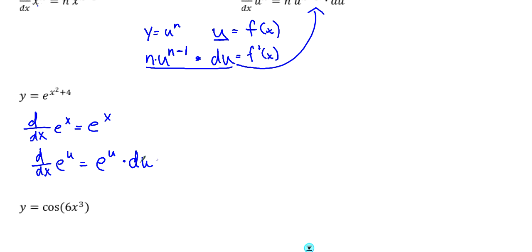Because the du is the derivative of the inside function, just like when we do inside-outside rule. This is the derivative of the inside, this is the derivative of the outside. But I've written it in a formula to make it really easy for us.